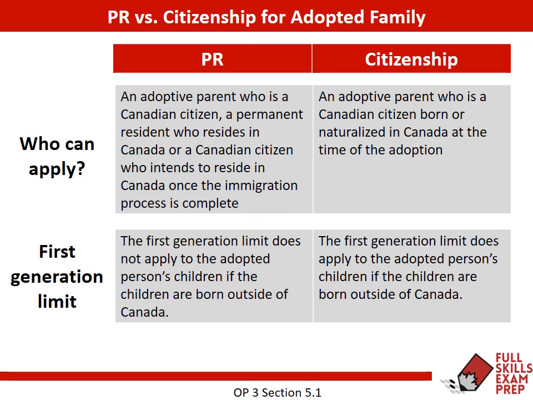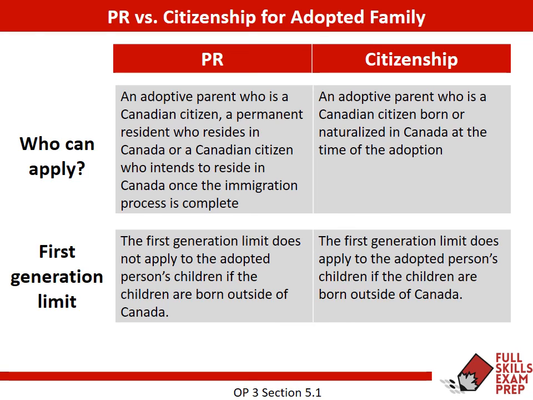So if that adopted person obtains permanent residency, and let's pretend that the person is 7 years old now, and let's say in 20 years that person has kids, if that adopted person at that point is a Canadian citizen, which he or she would most likely be, then those kids would be Canadian as well.